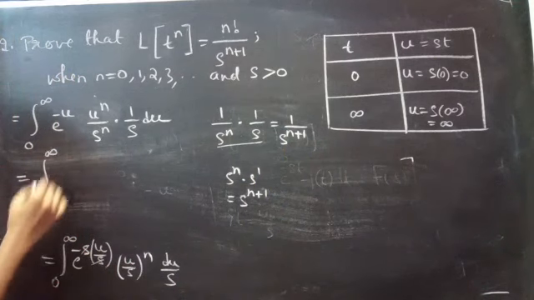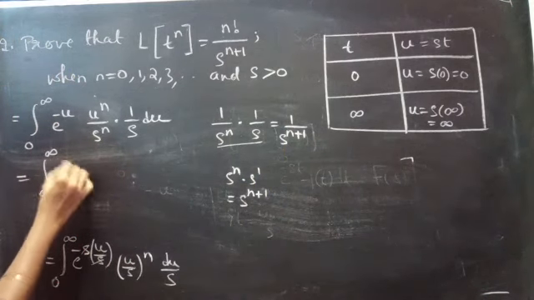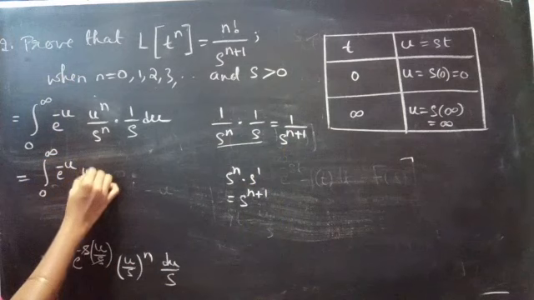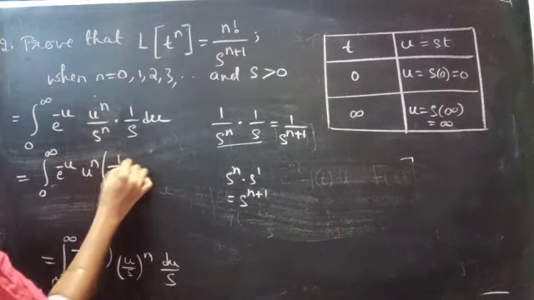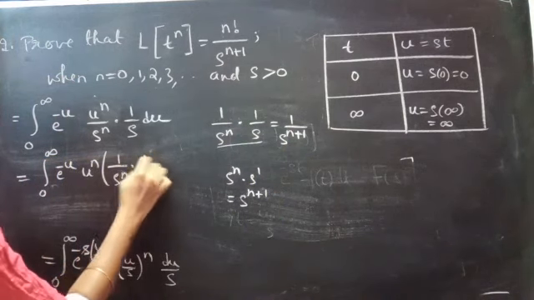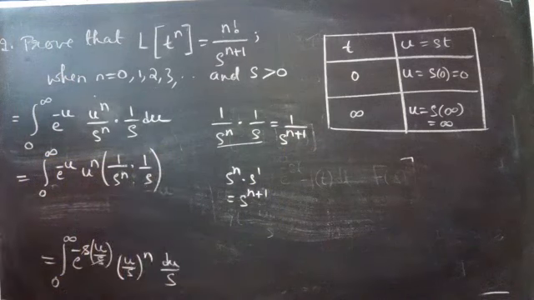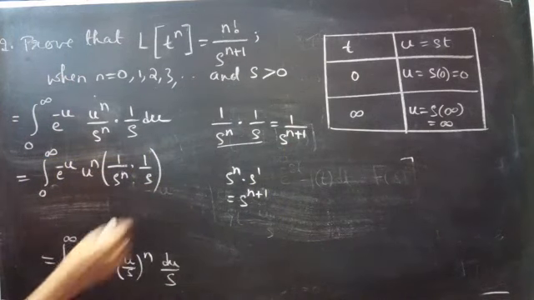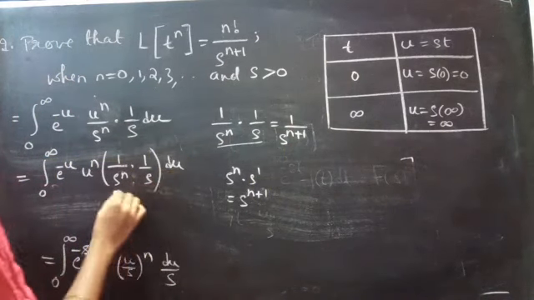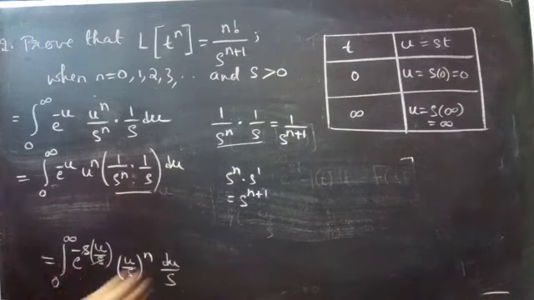So integral from 0 to infinity e power minus u into u power n into 1 by s into 1 by s power n into 1 by s into du. So now you can replace this with 1 by s power n plus 1.